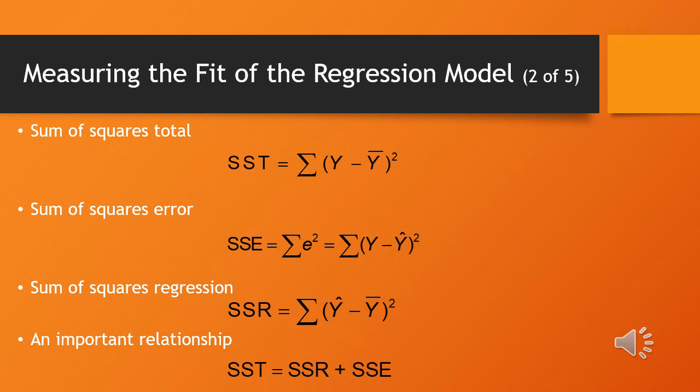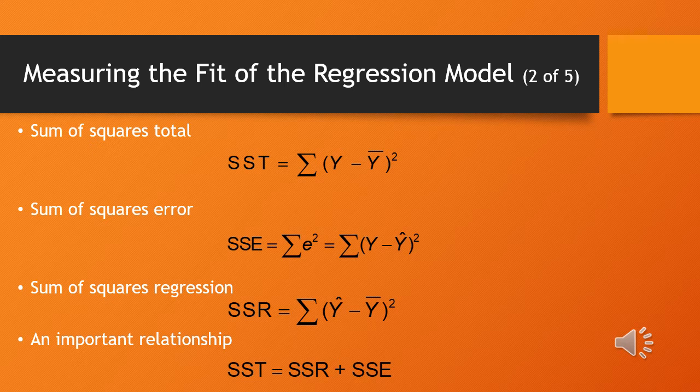However, in the regression line, we use x to predict the value of y, and while there are still errors involved, the sum of these squared errors will be less than the total sum of squares just computed.